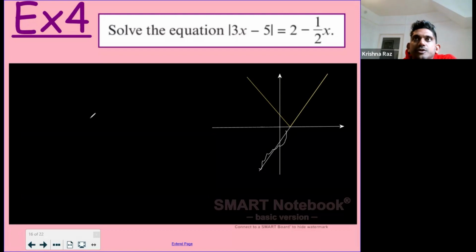And then we want 2 minus half x. So that is a gradient of negative a half and a y-intercept of 2. So that might look something like this.